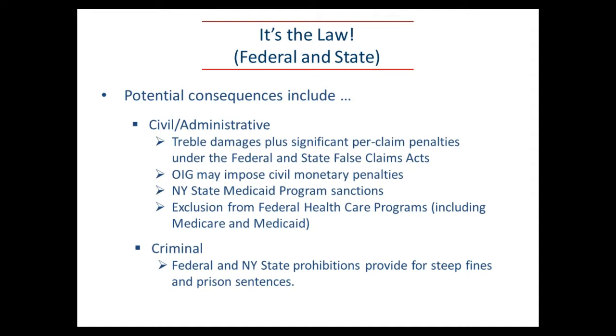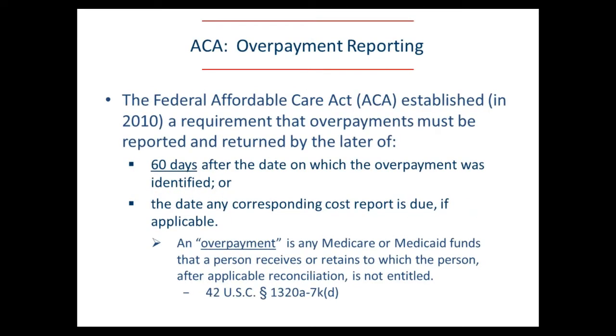And also, individuals can be excluded from the federal health care programs, including Medicare and Medicaid. And from the criminal side of things, both federal and state law includes prohibitions that carry steep fines, as well as prison sentences. We'll provide more on this later.